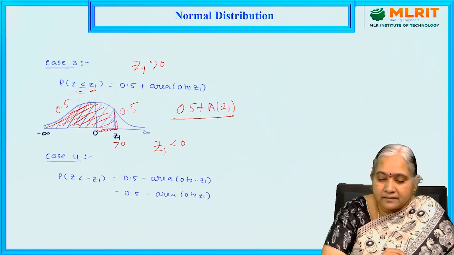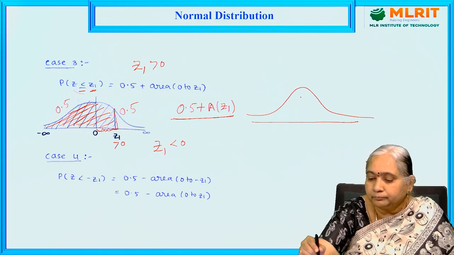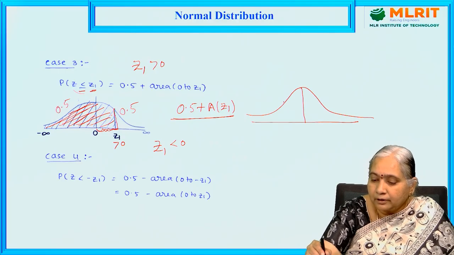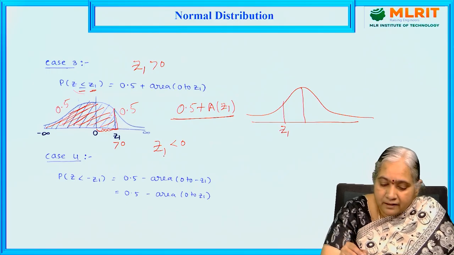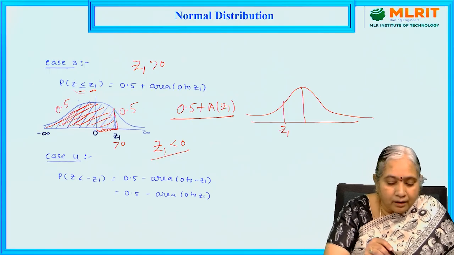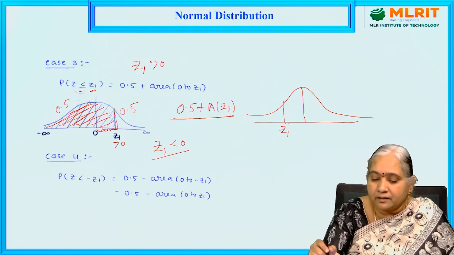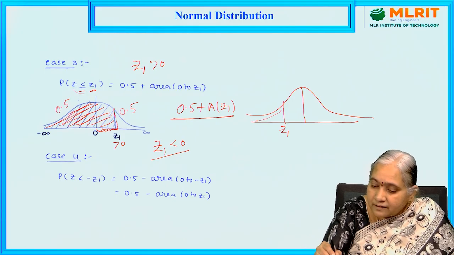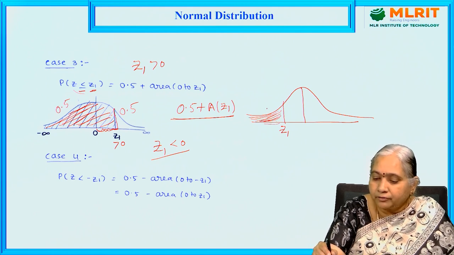Another case: Z less than Z1, where Z1 is less than 0. Draw a normal curve and draw a vertical line at Z1. Since Z1 is less than 0, the probability of Z values less than Z1 is this area.